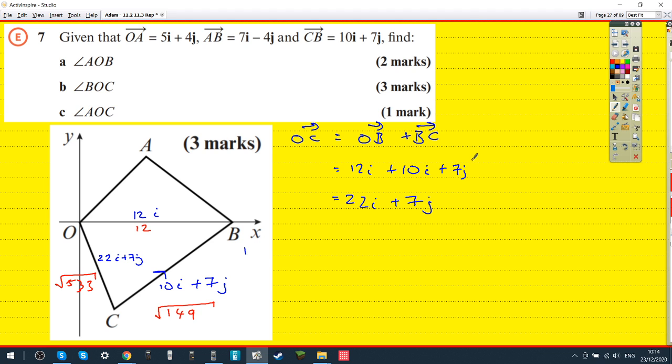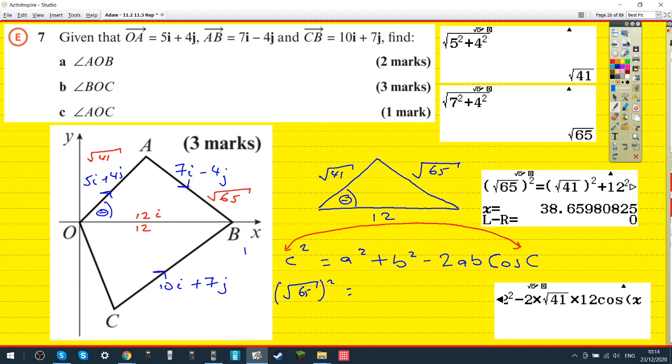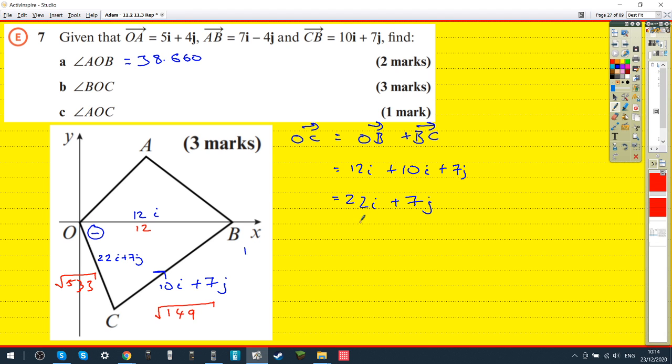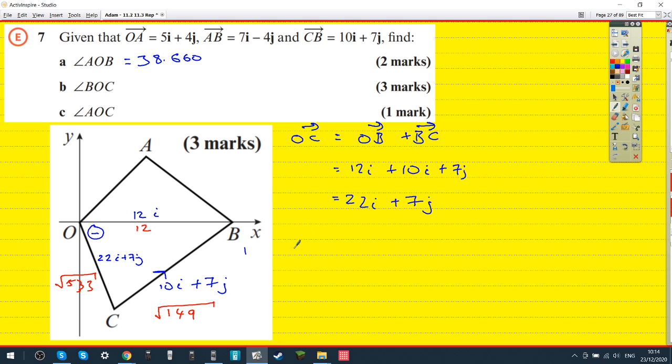Then we use the cosine rule, which is c squared equals a squared plus b squared minus 2ab cos c. So it'd be square root 149 equals, don't forget squared, squared, yeah.